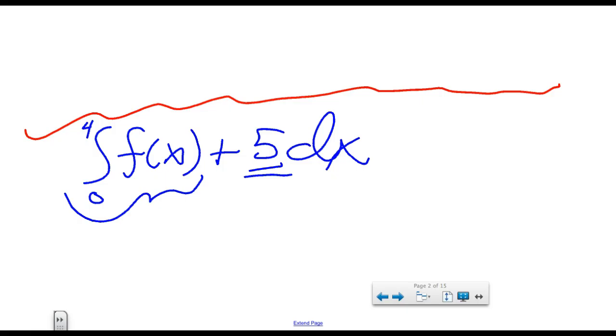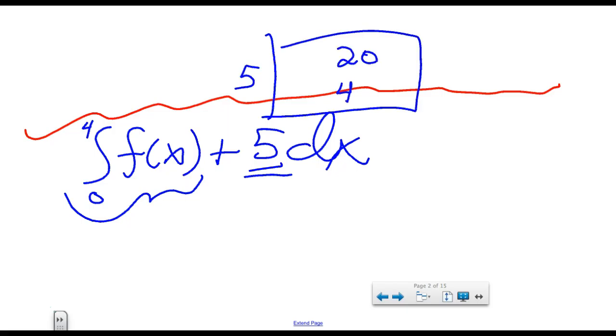Yeah, awesome, because it moves the whole graph up 5, but it's spanning a width of 4. So it really just tacks 20 onto the entire integral. Now, actually, you could do that with an antiderivative, because what's the antiderivative of 5? 5x, and if you do that from 0 to 4, you do get 20, but that's kind of a waste of valuable time.